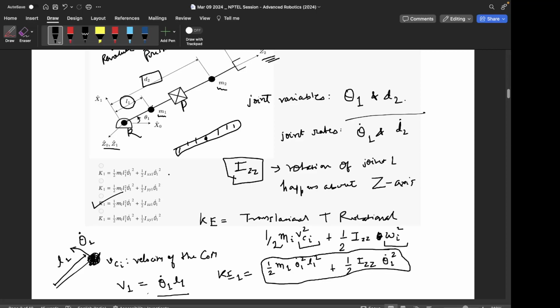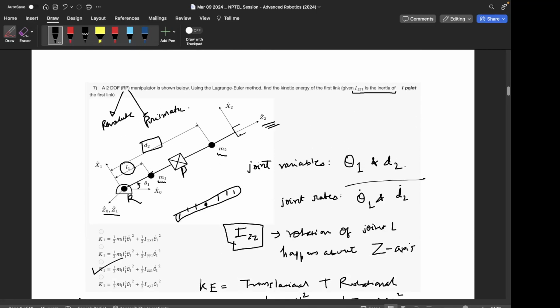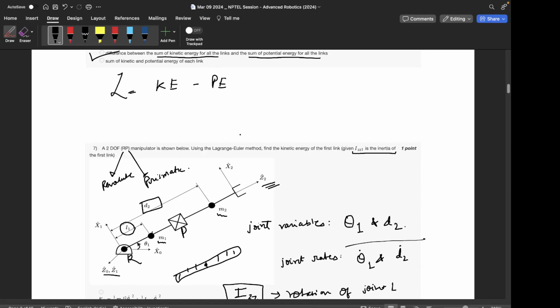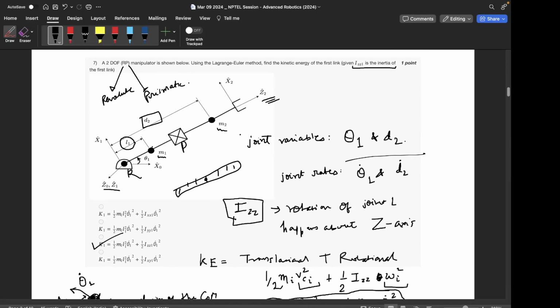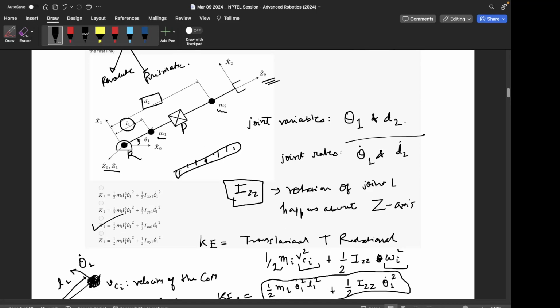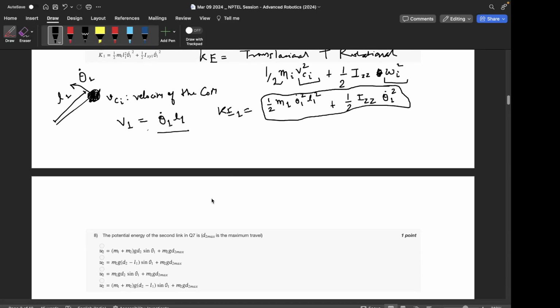Yeah, so you can try to think of it in this way. Okay, since you have asked specifically about inertia, let's draw this thing separately.